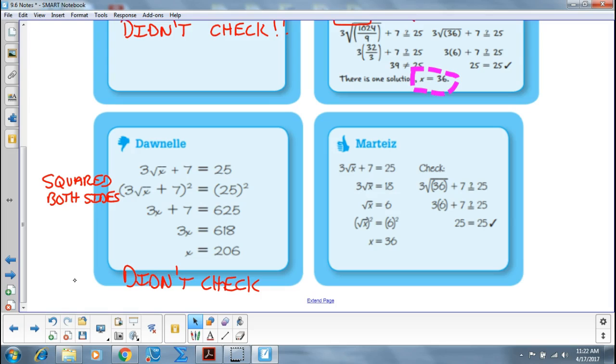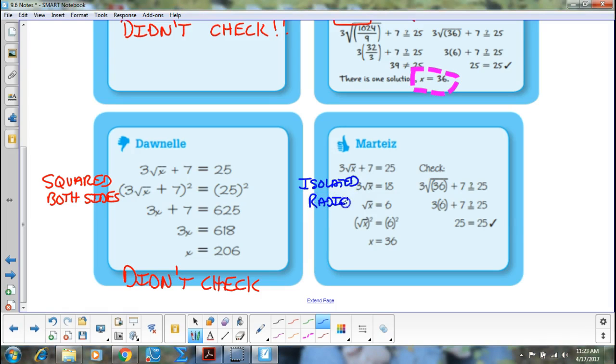So, Martiez, now, what did Martiez do first? Let's take away the 7. We worked to isolate x. He isolated the radical, right? And then, after he isolated the radical, what did he do?